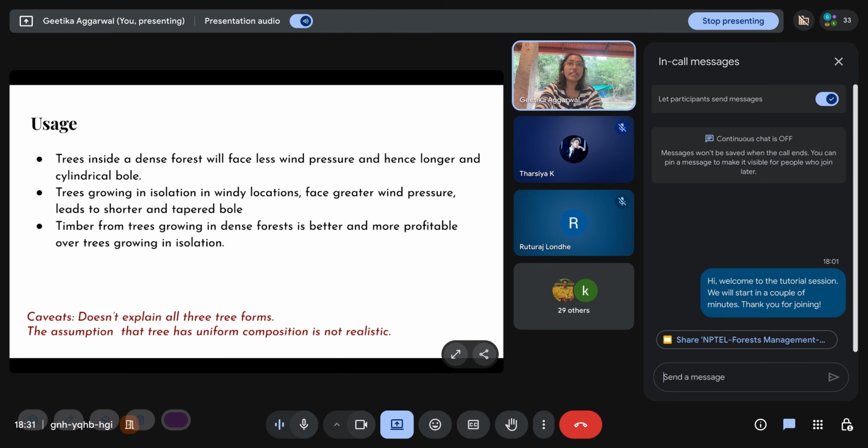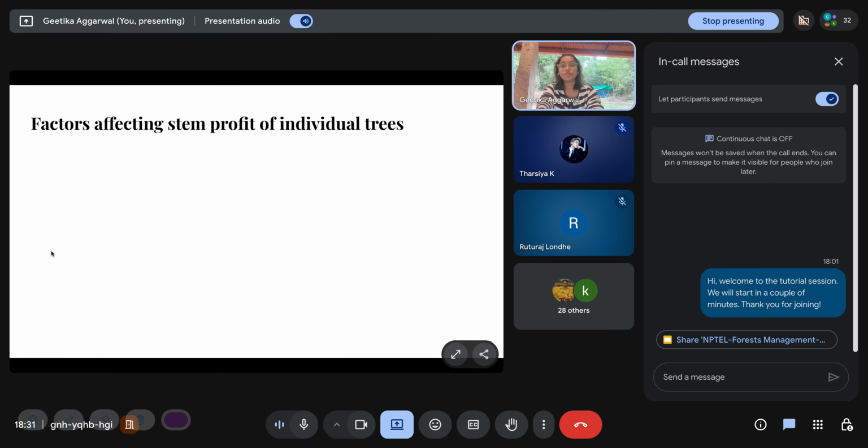They don't necessarily need to put similar composition throughout the length of the stem. They can put heavier materials down and lighter ones up so as to maintain the stress and all of that. So these are some caveats of this theory.